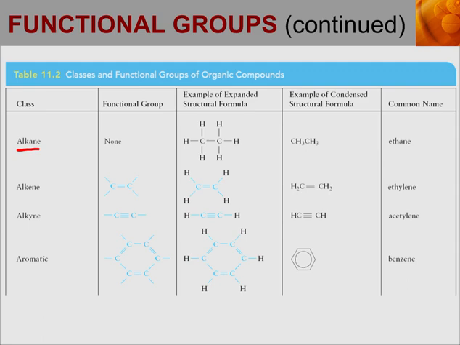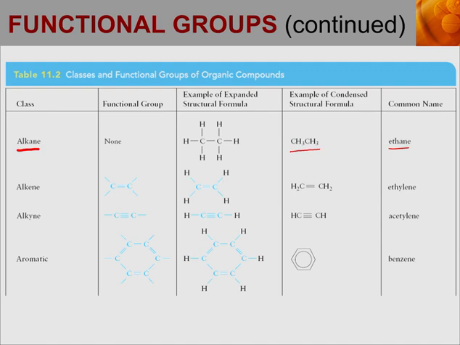But we already saw that you can draw them with an expanded structural formula or a condensed structural formula. And here we're using the example of just two carbons bonded together with hydrogens making up for the other bonds. This would be called ethane. Now, what if we had two carbons that had a double bond between them?